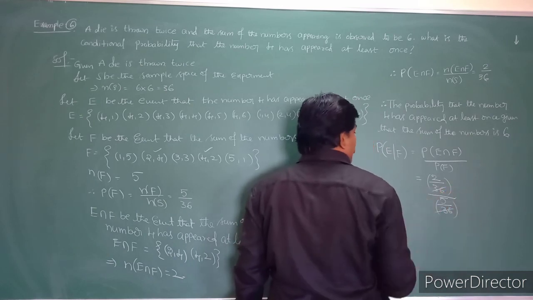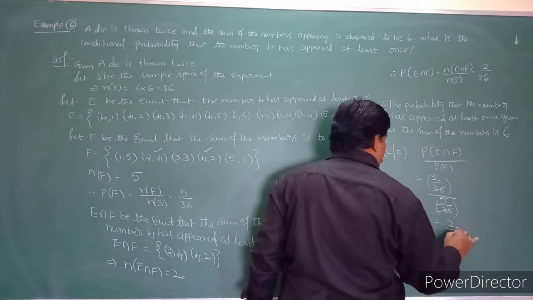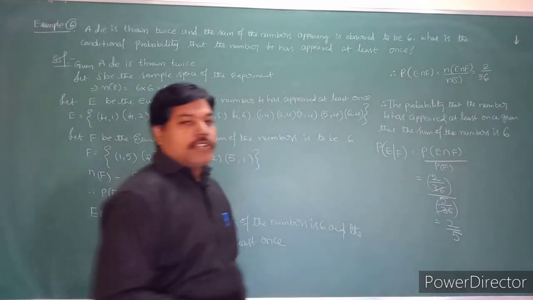So 36 will be cancelled, and the answer will become 2 by 5.